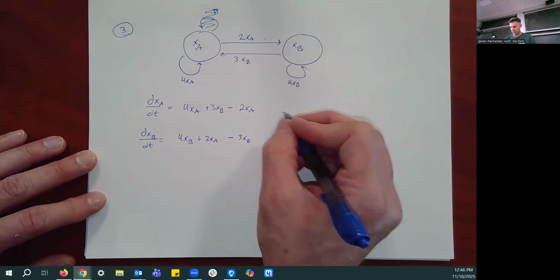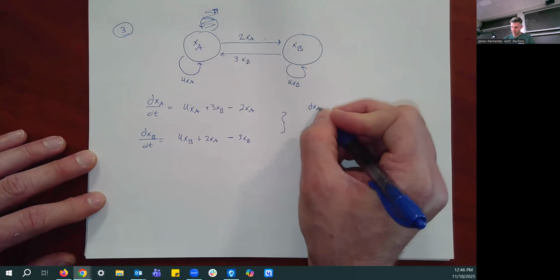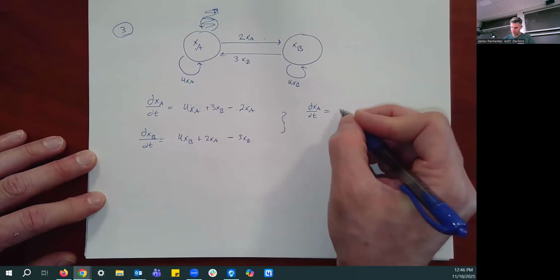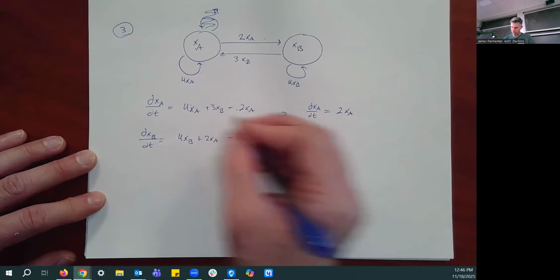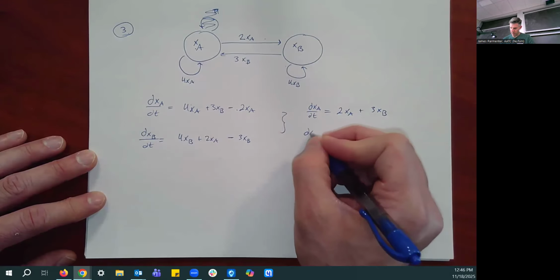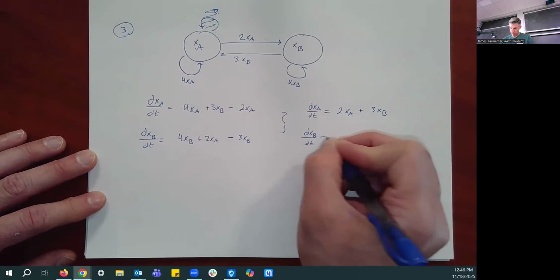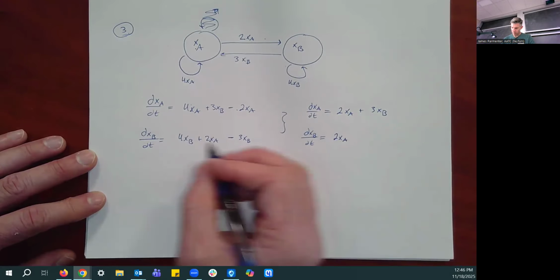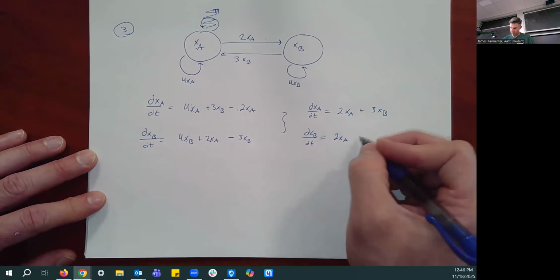So this looks like we should have dXA/dt equal to 4XA minus 2XA is 2XA plus 3XB. And dXB/dt is equal to 2XA, and then 4XB minus 3XB is plus 1XB.